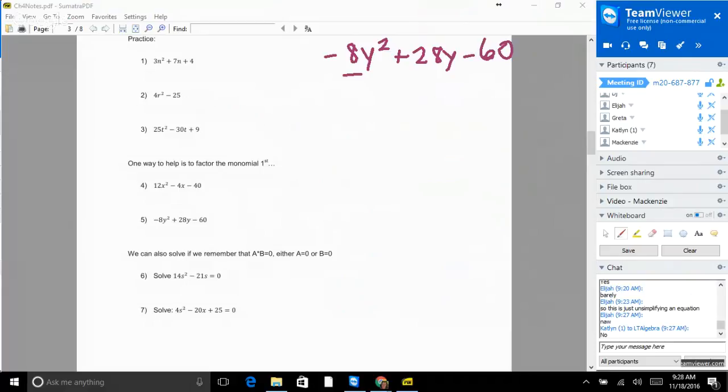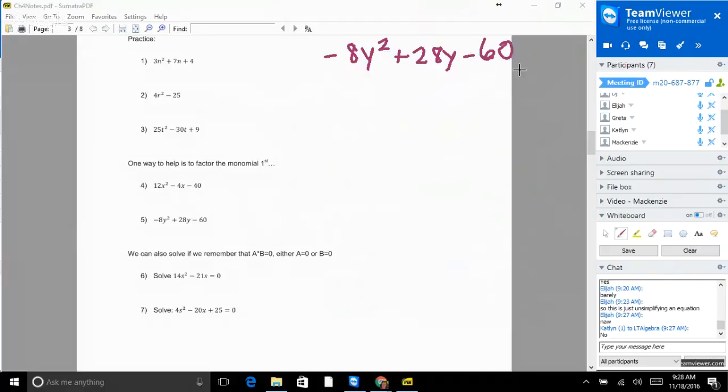Because that would make it super easy. But unfortunately, 28 doesn't divide by 8. We can, however, pull 4 out because 4 goes into 8, 4 goes into 28, and 4 goes into 60. The other thing that you might notice is that out front here, we have a negative in front of the 8. So that kind of adds another twist.